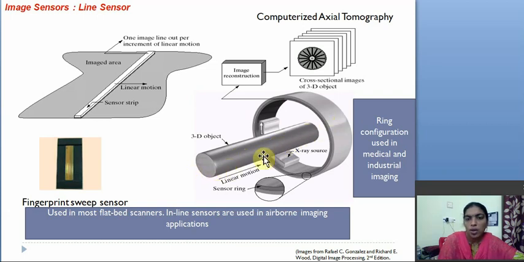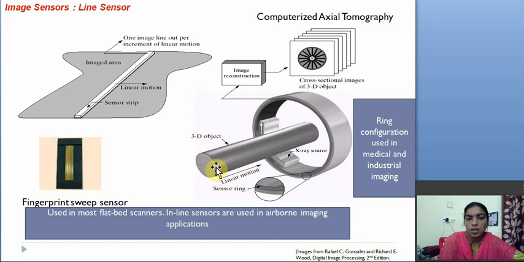So the whole body is scanned by using this ring, right? This is in linear motion like this. Today this one is also rotatable, so that arrangement is also available, rotatable like this also.